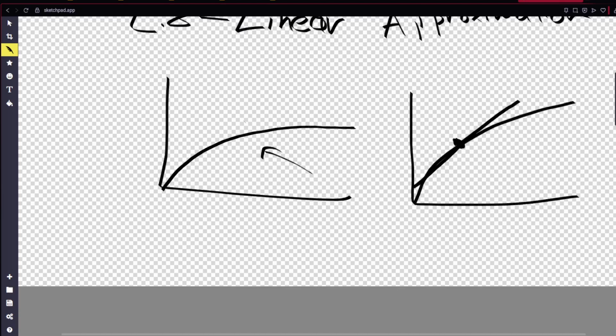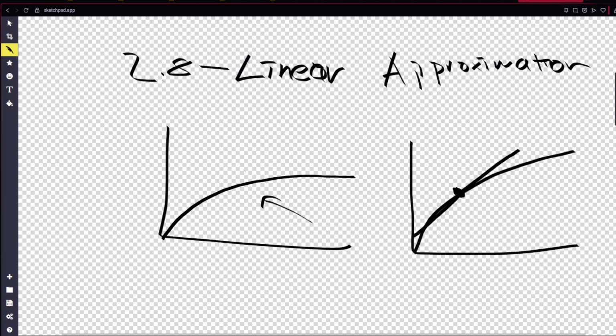Let's say that at this point, the derivative is going to be, well, we know that the function here is square root x. So the derivative of square root x is just going to be 1 over 2 square root x, such that it's 0.5. Yes, this is correct.